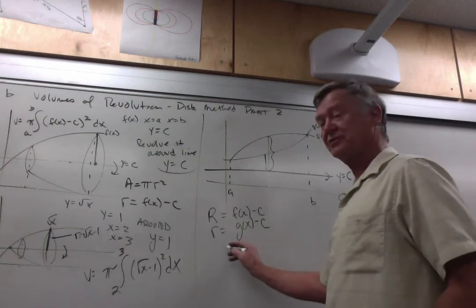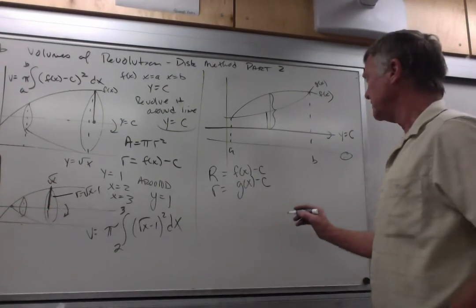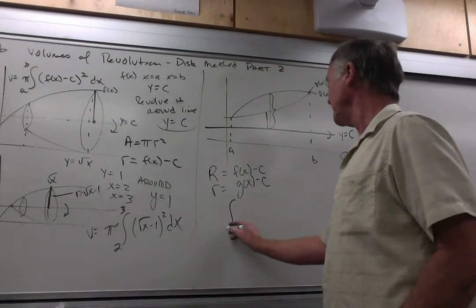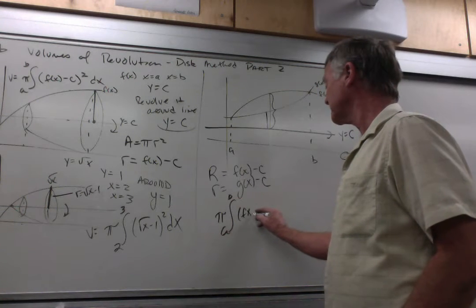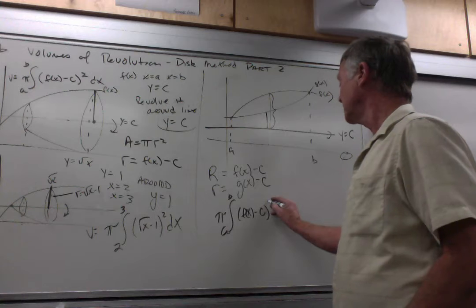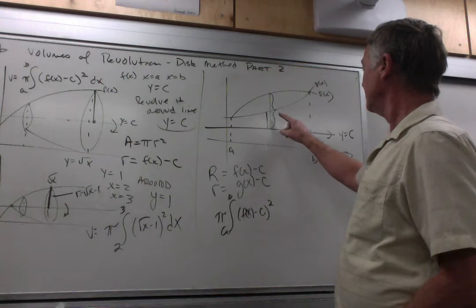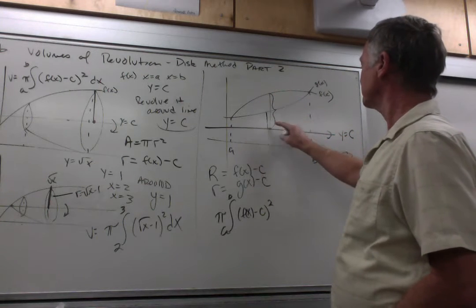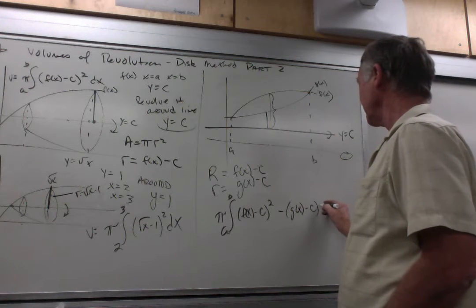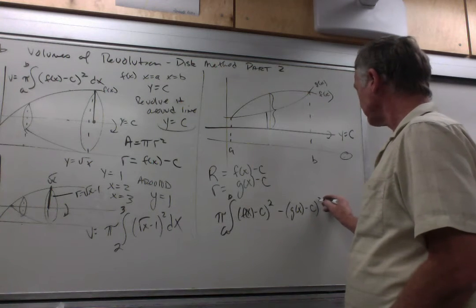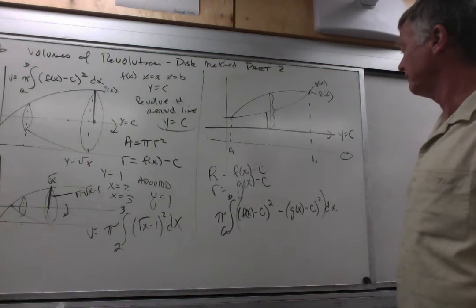As a result, this would be pi, from a to b, of f of x minus c squared, minus g of x minus c squared, dx, and that would be our value.